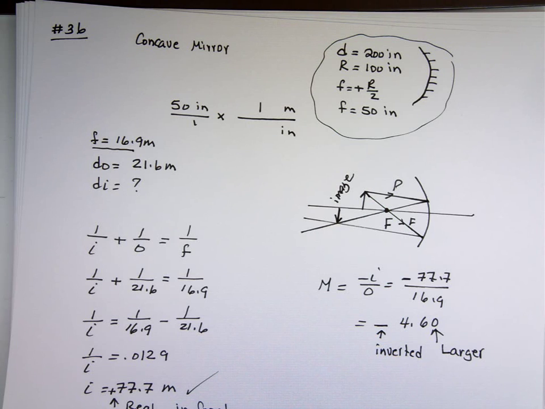Minus I over O. 3 significant digits. 4.596, I mean 5, I get 4.60. Give up. It says 3.60. Am I blind?